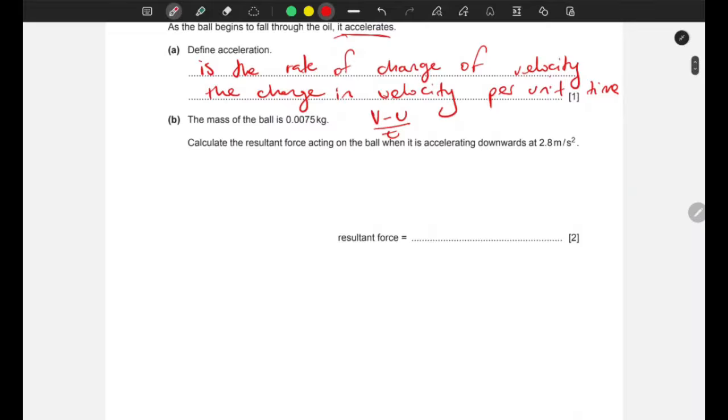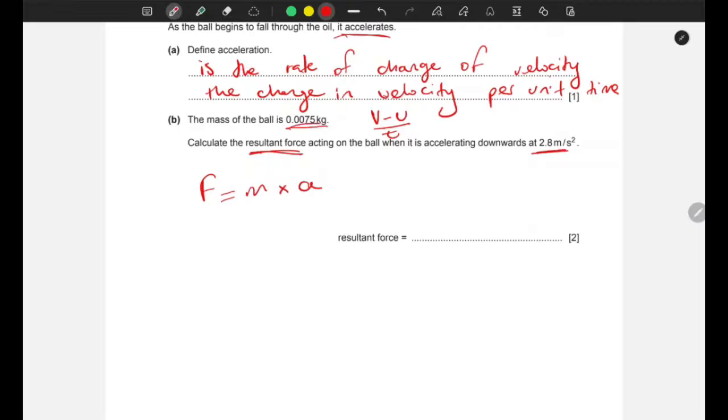Part B. The mass of the ball is 0.0075 kilograms. Calculate the resultant force acting on the ball when it's accelerating downwards at 2.8 meters per second squared. So resultant force, the formula is mass times acceleration.